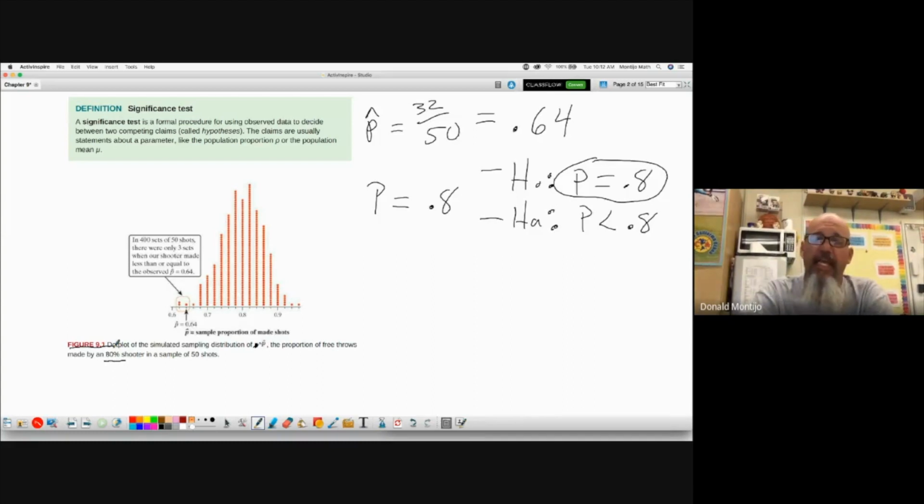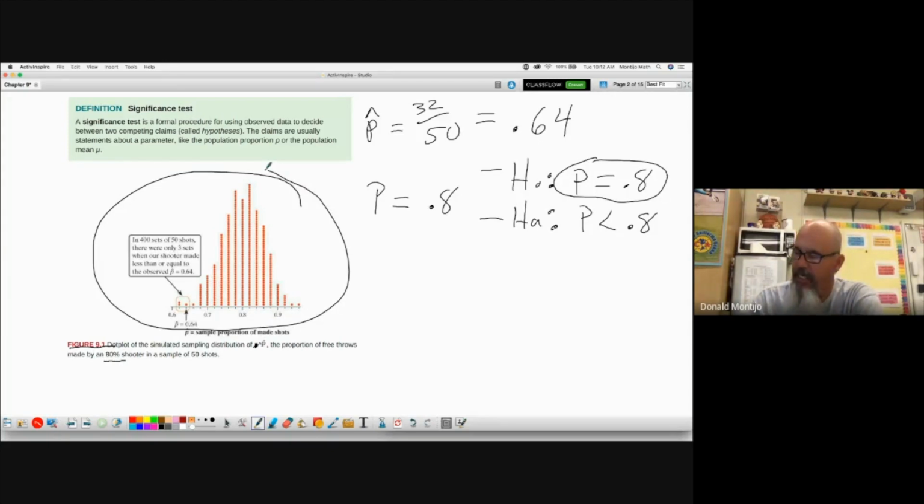We had him shoot 50 free throws and we recorded what proportion he made. Then we had him shoot 50 free throws again and we recorded it. He did that over 400 times. Of those 400 times he shot 50 free throws, assuming that he does make 80% of all of his free throws, this is the distribution of the data set.